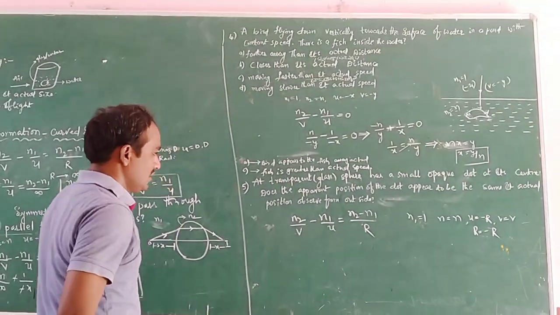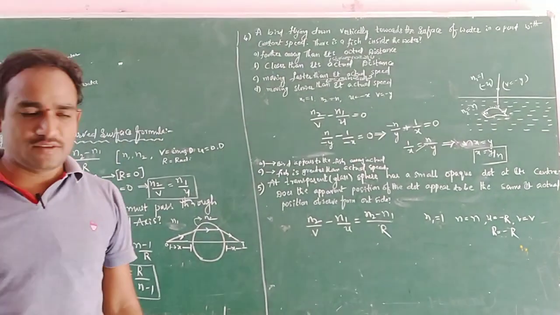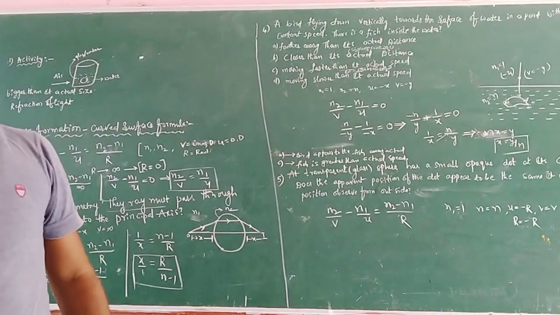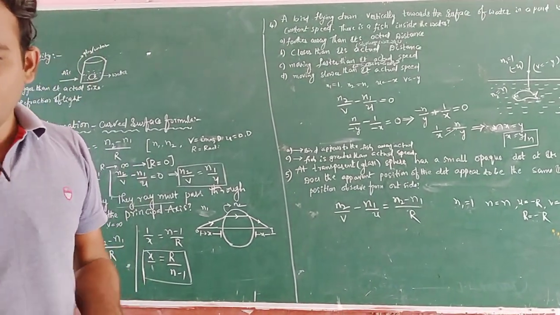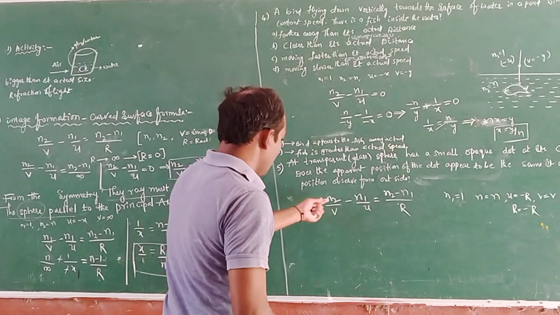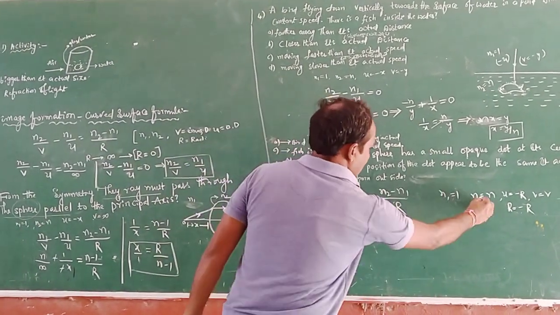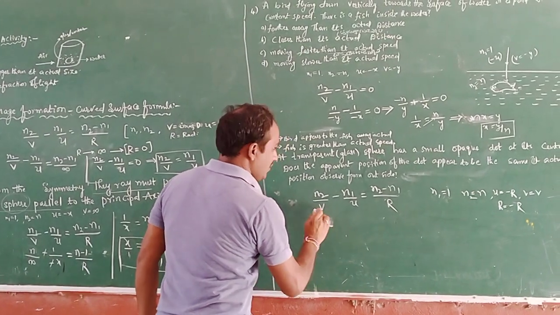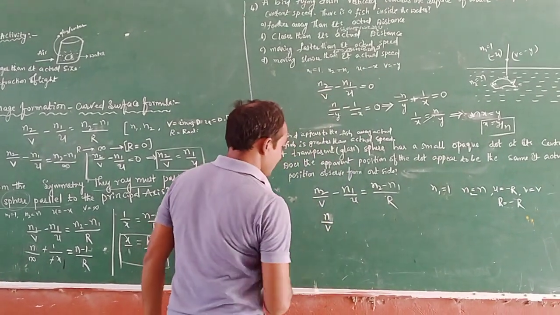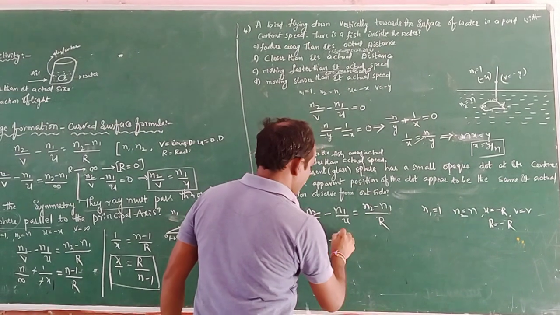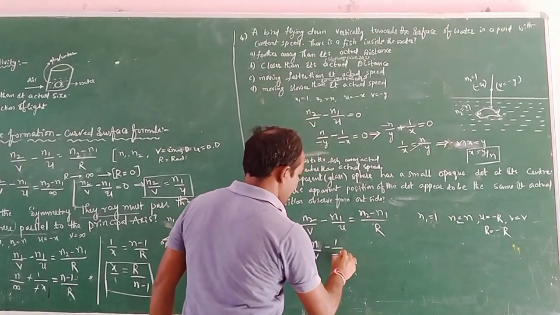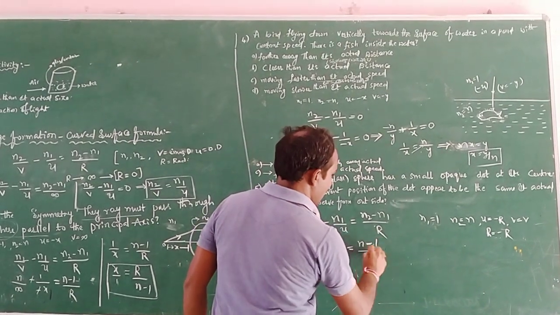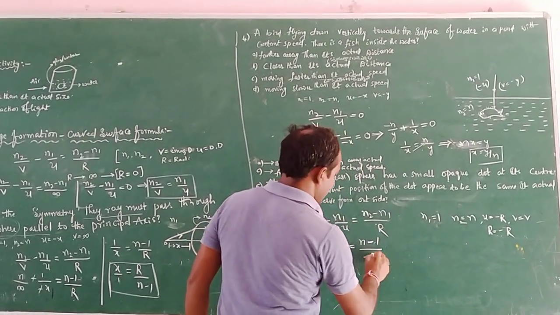So what do we get? Here you know this image formation formula with n2. Substituting these values, what is the n2 value here? n2 is equal to n, v is equal to v, n1 is equal to 1, u is equal to minus r, n2 means n, r is equal to minus r.